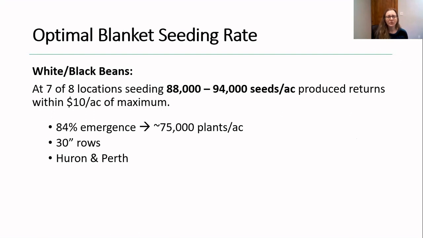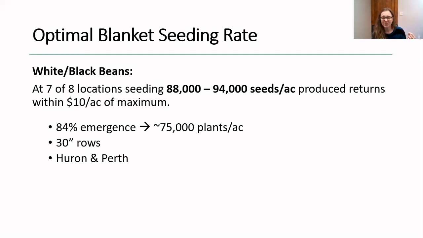And so if we look at that, what was the optimal blanket seeding rate? Forget all this VR stuff. What's the optimal seeding rate in white and black beans? At 7 of the 8 locations, if you seeded between 88,000 and 94,000 seeds per acre, you were right within that maximum return. And so that's 7 of 8 locations.